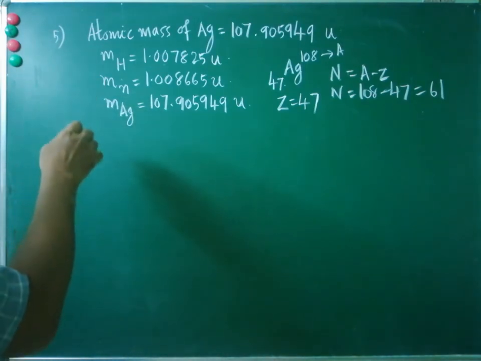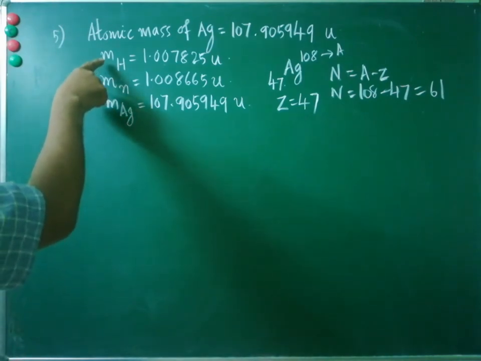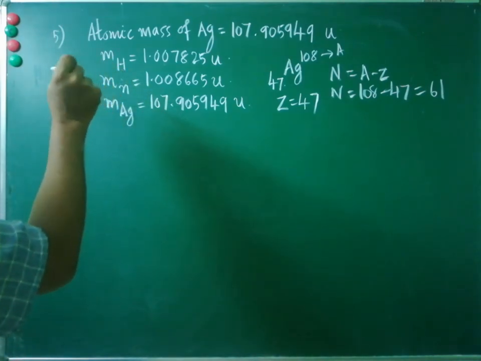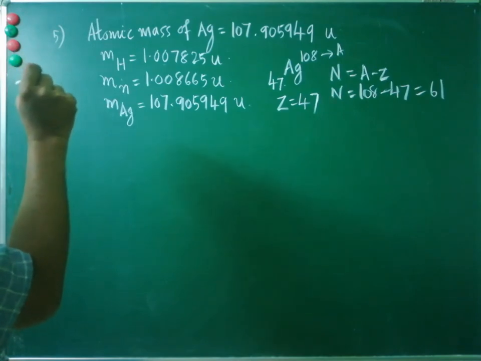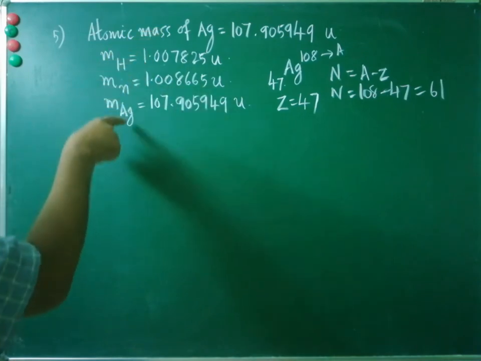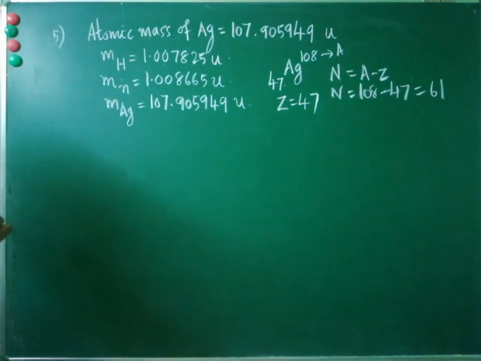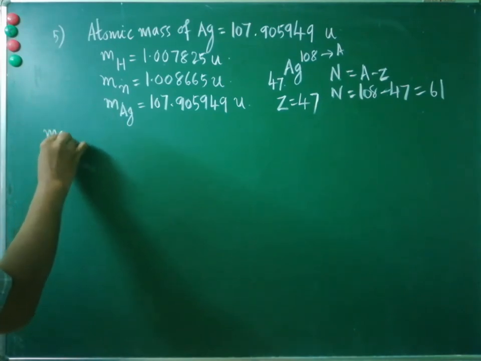Here first we have to calculate the mass defect. Are you clear? Here the mass of the hydrogen atom is given, the mass of the neutron is given, and the atomic mass of the Ag is given. So to calculate the mass defect, which formula is to be used? I will write the formula, later we will substitute.